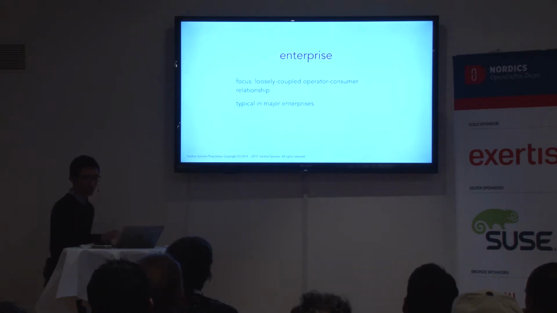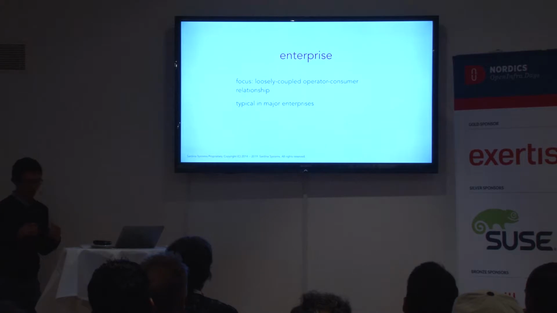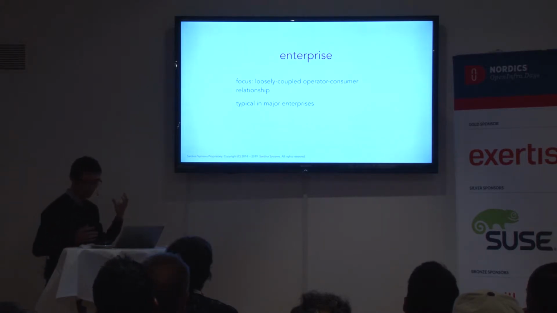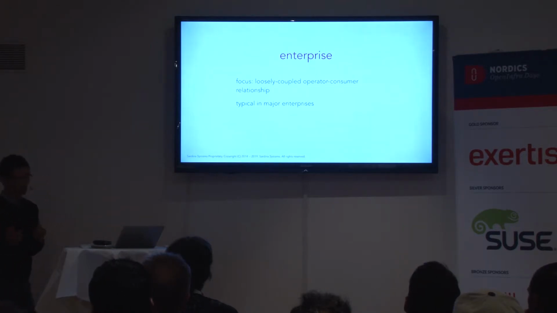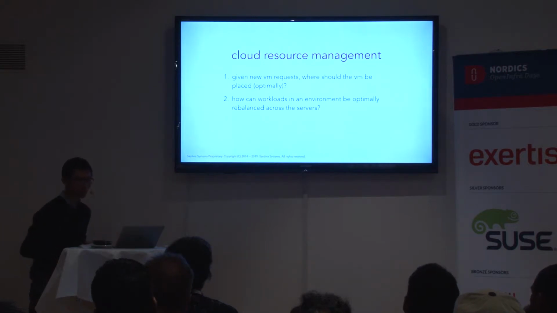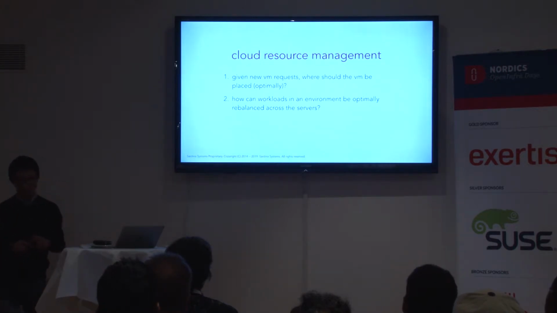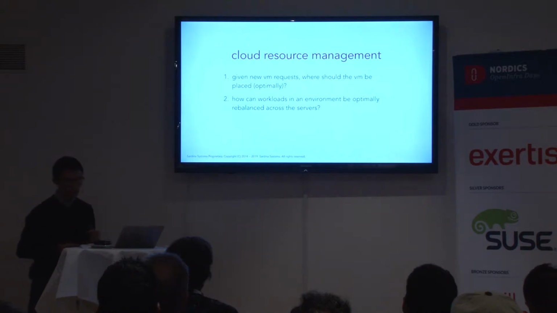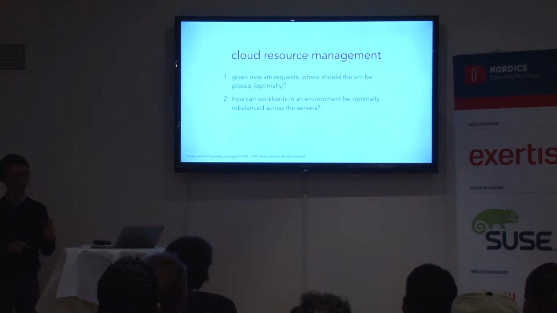So our focus here is to look at the major enterprises where you have a loosely coupled operator-consumer relationship, which is fairly typical in enterprises. So the cloud resource management question can therefore be translated into these two questions.